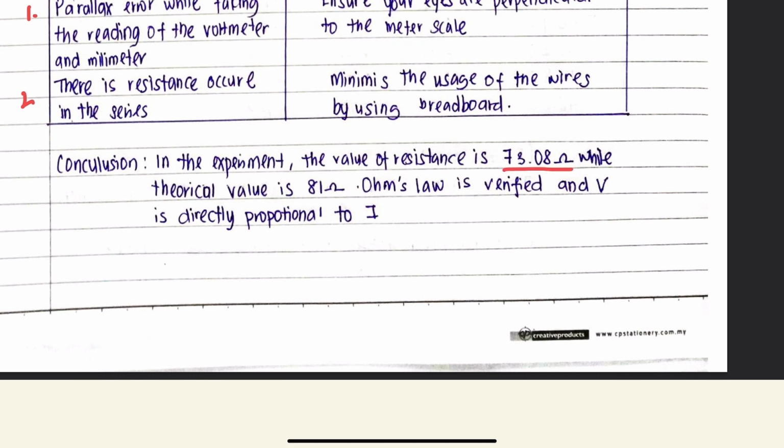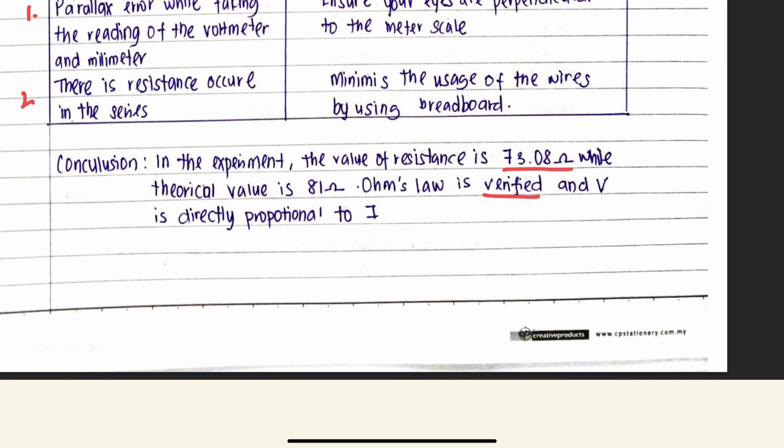And then if the objective of the experiment is to verify a certain law or certain equation, you have to state that it is verified. So the conclusion here gets 2 marks. One from this one, another one comes from verified. So this verified or not verified is determined by the shape, or sorry, by the type of the graph.